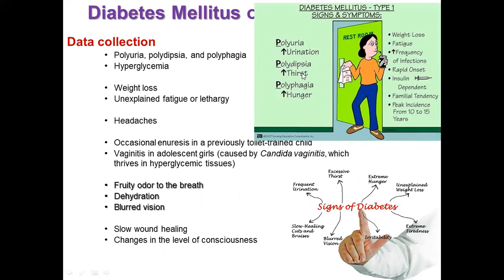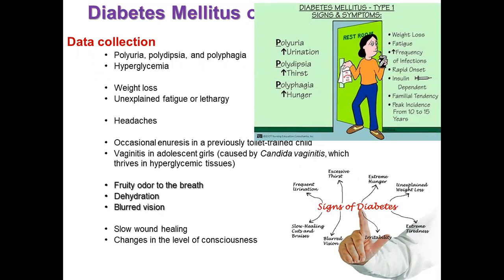Although the patient is eating, their body weight is still lost. Weight loss. They can feel tired and fatigued, with increased frequency of infection, rapid onset, and also a familial tendency. Usually the patient gives a positive family history.